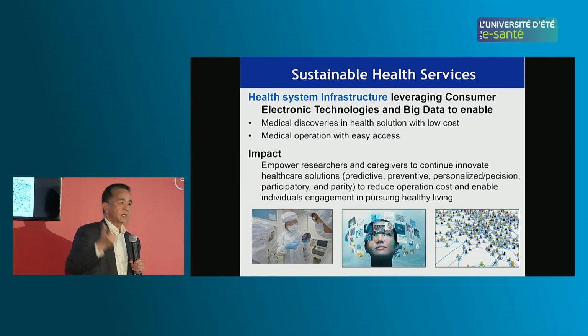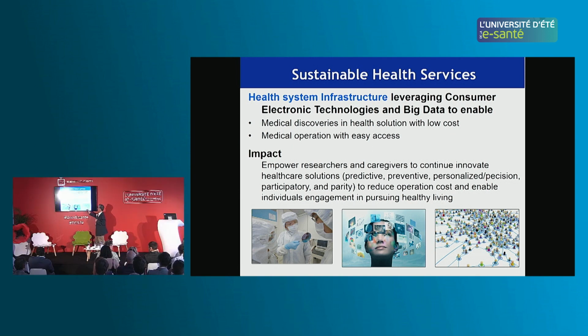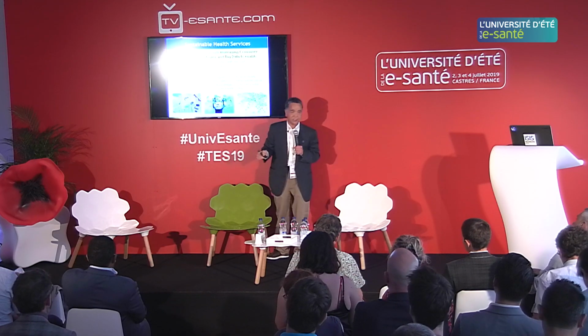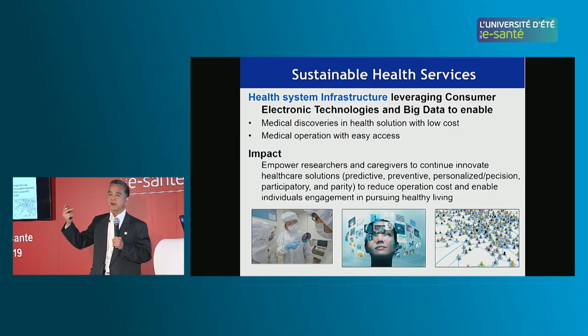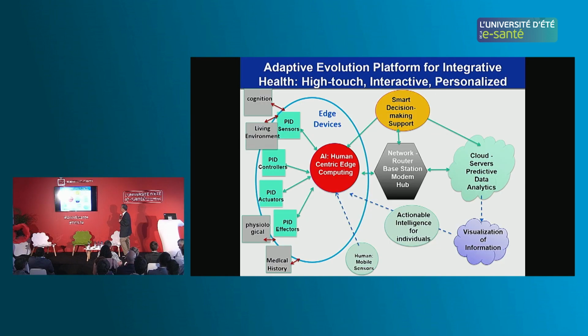We can leverage the data and consumer electronic technology. And as a result, reduce the operation costs and enable individuals to engage in a healthy living style. Right? Engagement, now you can really think about how you use the consumer electronics in a way to gamify the process. Right? So those are the solutions we always think about.